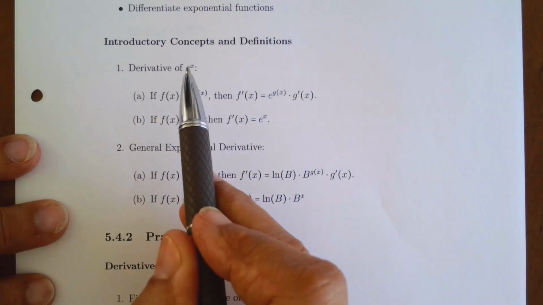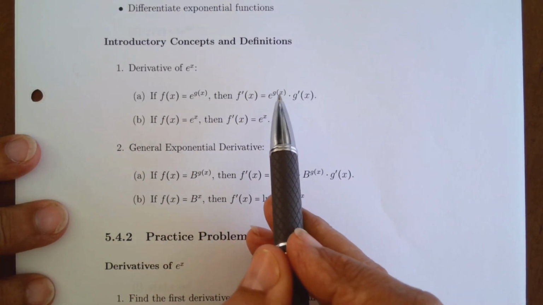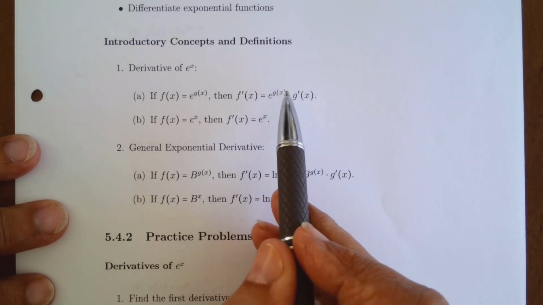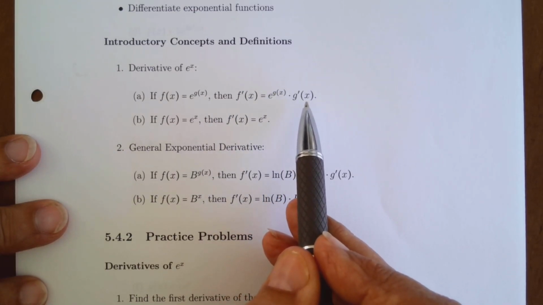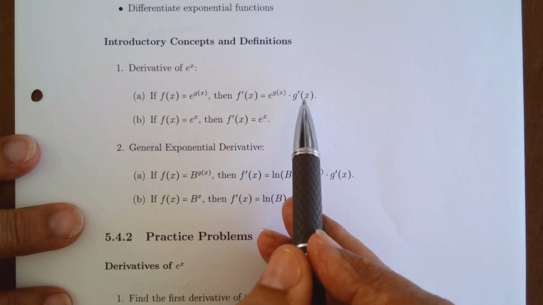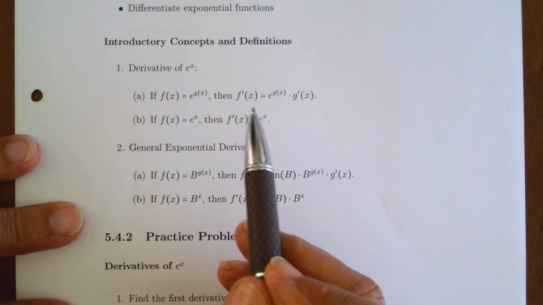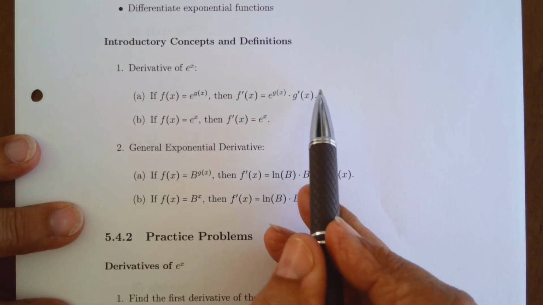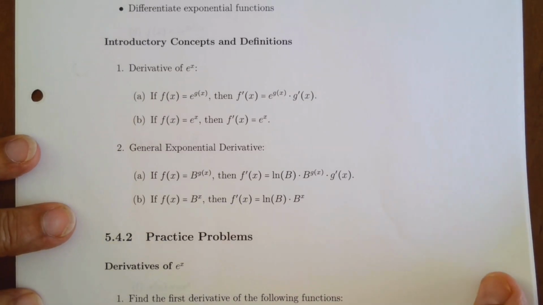The derivative of e to the anything is e to the anything. But then when that exponent is another function, you have to multiply it by the derivative of that. So we'll go through that. These are not too difficult rules, but what seems to throw some of you off is this part right here. So we'll go through that and make sure we're clear going through these examples.